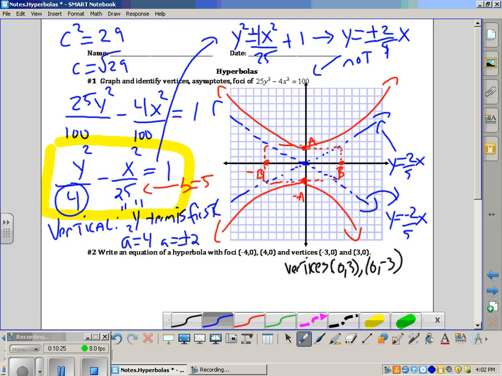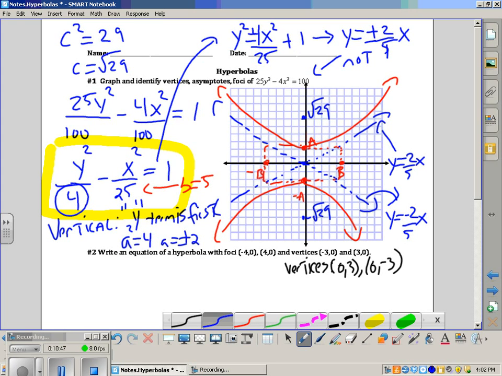So square root 29 is going to be the foci. So let's see, square root of 29 is between 5 and 6. So we'll just put a little dot right there, square root of 29, and I'll approximate it here, negative square root of 29.